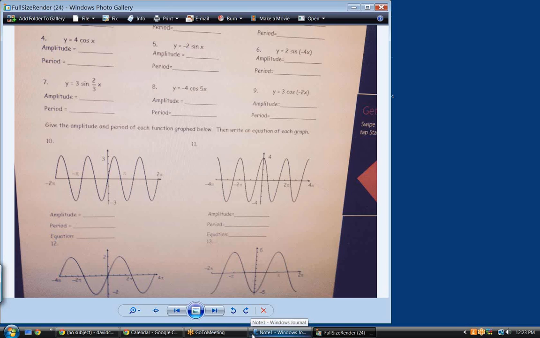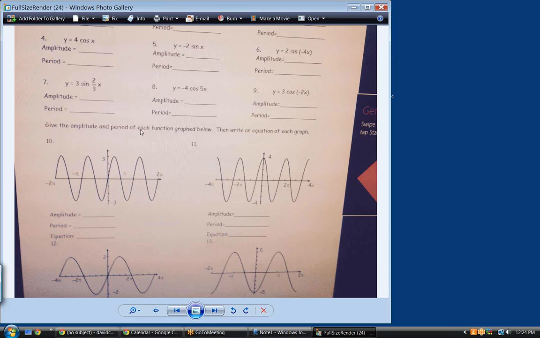Okay. Yeah, I can see that problems 4 through 9 are ones where they want you to graph these, basically. I mean, they want the amplitude and the period, but that's part of graphing it. And then 10, 11, the rest of them, they show you the graph, and they want you to figure out the amplitude and period.